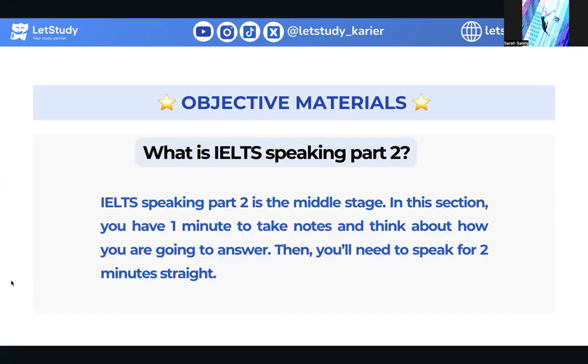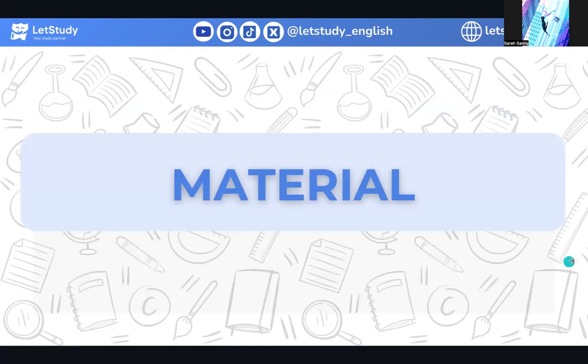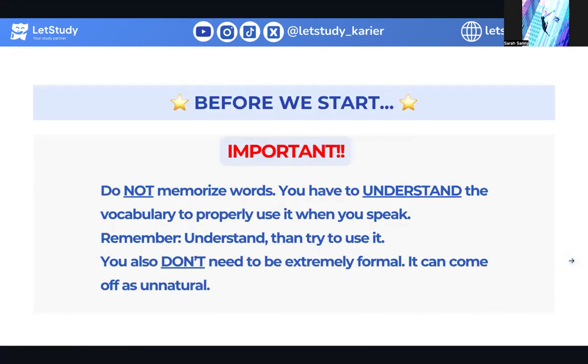Okay, now continuing to the next slide. The material. Nah, before we start, it's important to know that you guys cannot memorize the words. You have to understand the vocabulary before you speak. Karena kalau kalian menghafal tanpa mengerti apa arti kata itu, it can come off as unnatural.